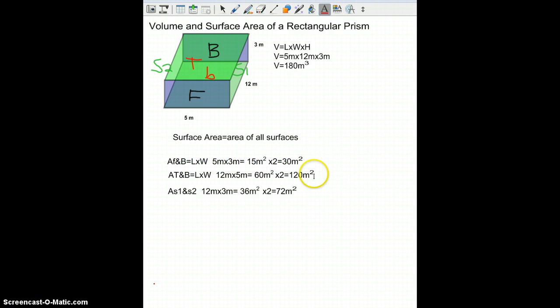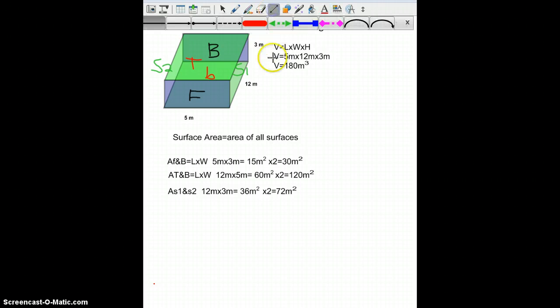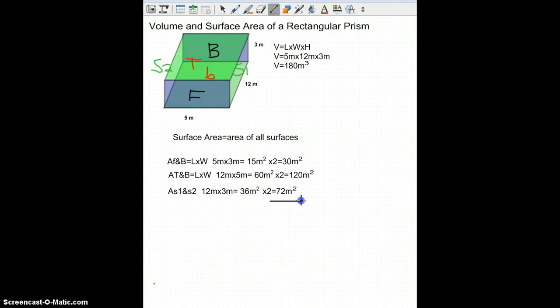There we go. And now, in order to finish this, all we have to do is add these up. And so if you add up the 72 and the 120, you get 192. And then 192 plus 30 gives you, what is it?